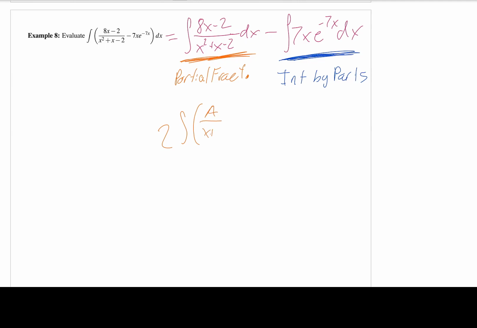So you'll have a over x plus 2 plus b over x minus 1. And then you'll split this up into 2 integrals, so we'll have 2 times the integral a over x plus 2 plus the integral b over x minus 1. And so you just have to make sure that at the end you multiply by that 2. So whichever way works best for you.